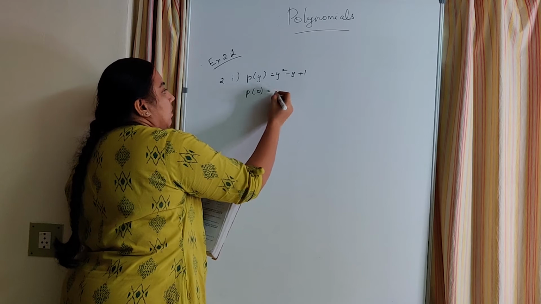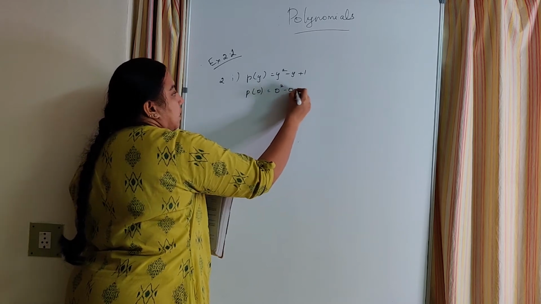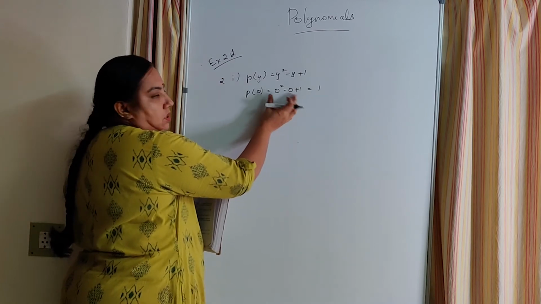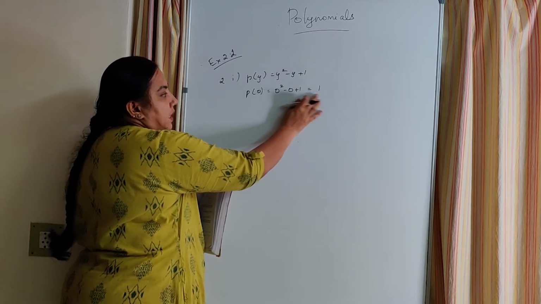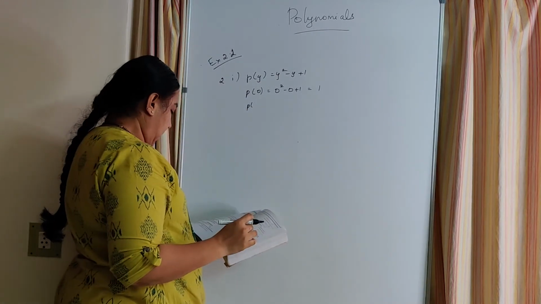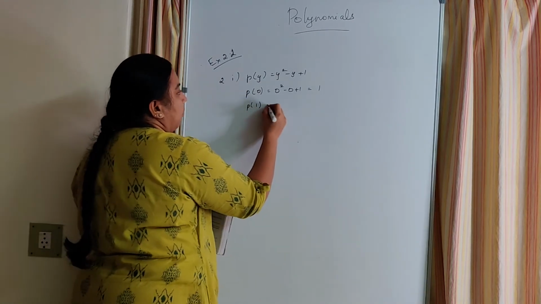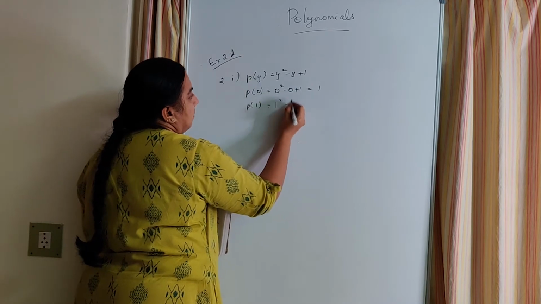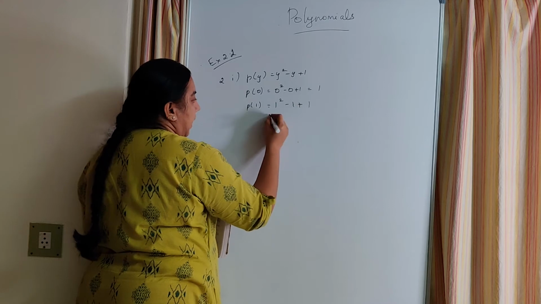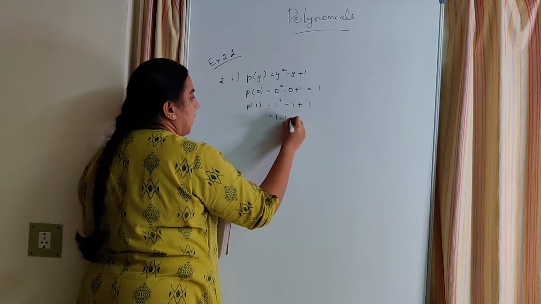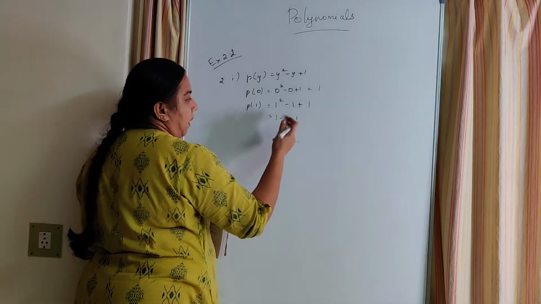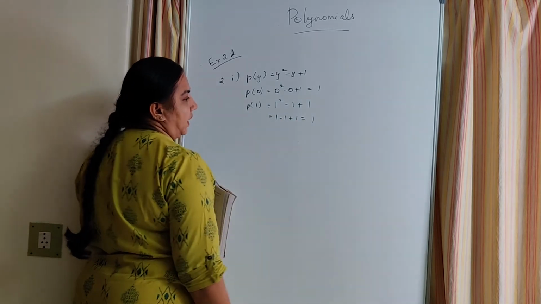P of 0 is equal to 0 square minus 0 plus 1 and it's equal to 1. Both the zeros have no value, only the constant doesn't change, so it's plus 1. Then P of 1 and 2. P of 1. So 1 square minus 1 plus 1. 1 square value doesn't change. It's 1 minus 1 plus 1. And the plus value and plus value I add, 2 minus 1, and it's equal to 1 again.